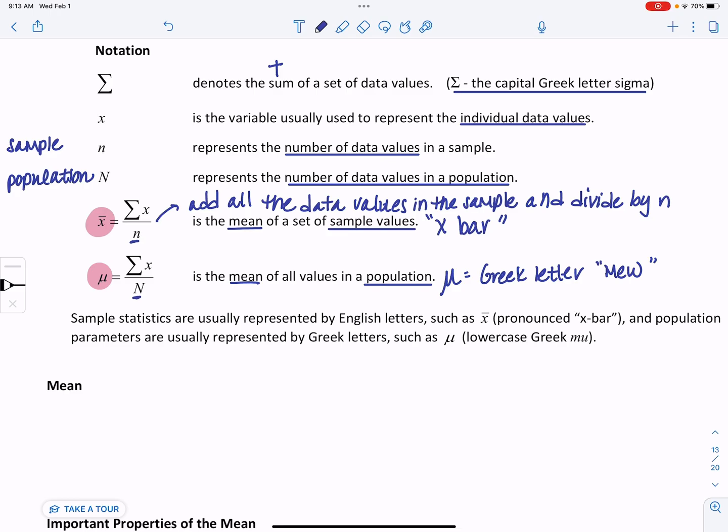So we're not changing the operation that you're used to doing. We are just writing it in fancy math speak.